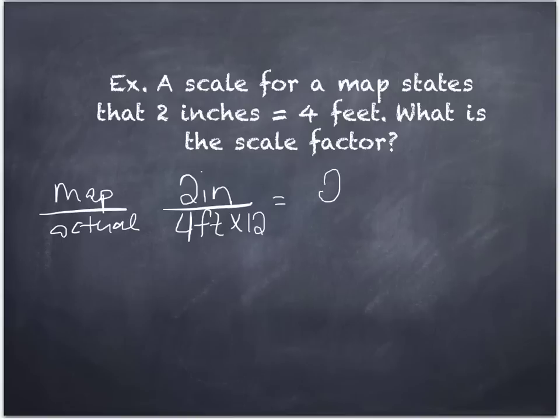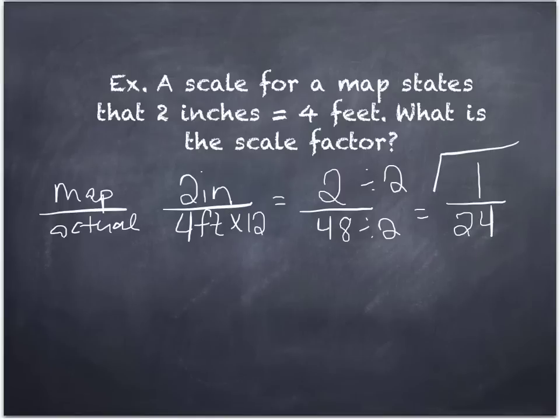We still have 2 inches as our numerator, and 4 times 12 equals 48. So we have 2 over 48, but this can be simplified. Both our numerator and denominator can be divided by 2. 2 divided by 2 is 1, and 48 divided by 2 is 24. Therefore, 1 over 24 is the answer.